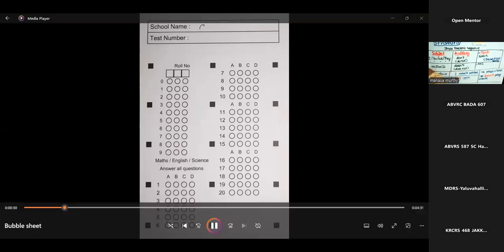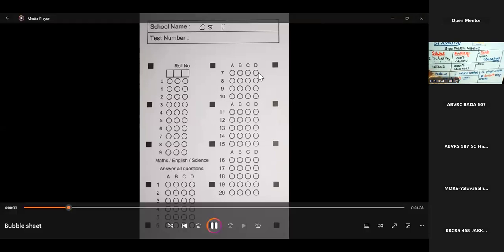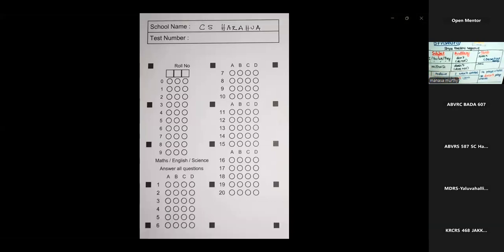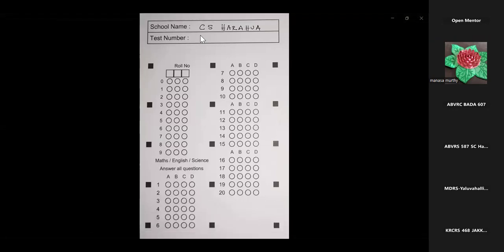For example, I am writing CS. This is only an example, but you should write your school name like this in English in capital letters only. Try to write in big letters, not small letters. Okay, this is the first thing.